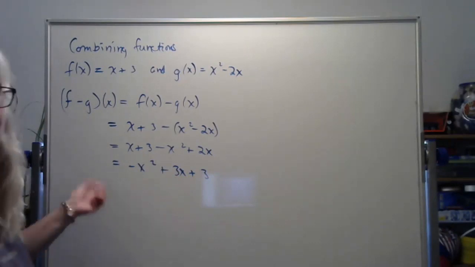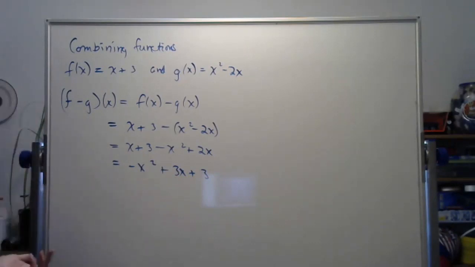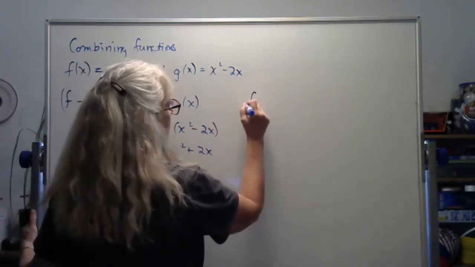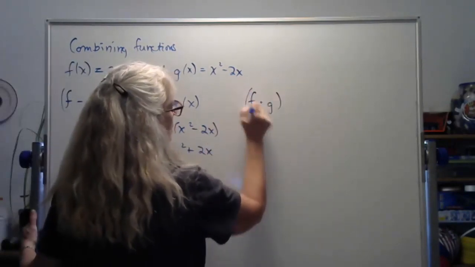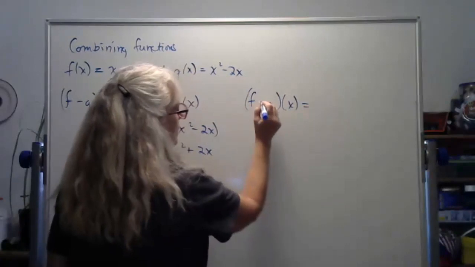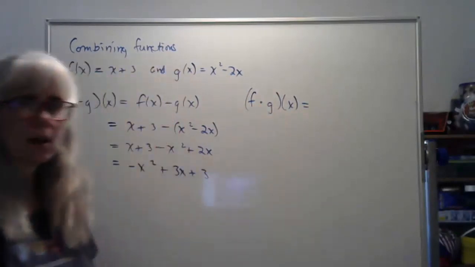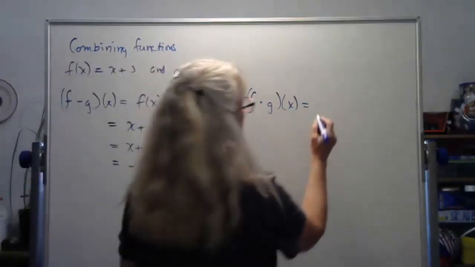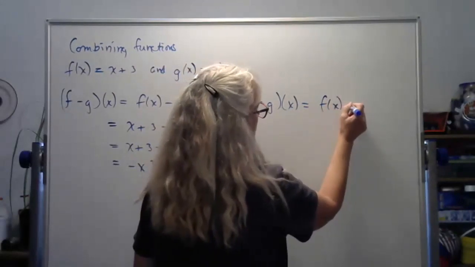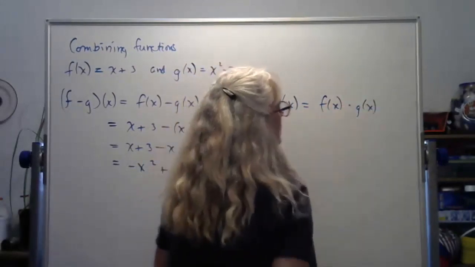Well, if I can add and subtract, then we can also multiply. So we can do f times g of x. I'll put a little dot there just so you know this simply means f of x times g of x.